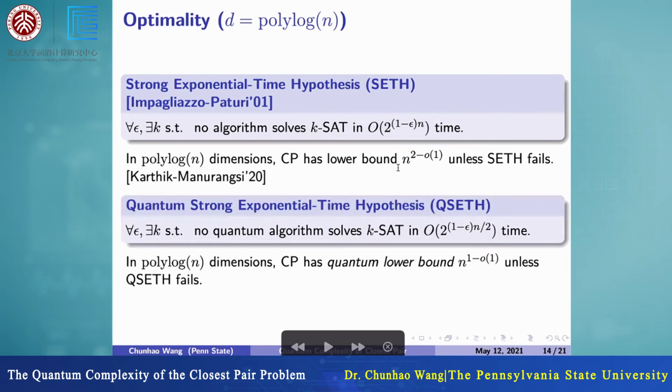Likewise, we propose a quantum SETH. The quantum SETH says that you cannot solve k-SAT faster than n to the n over 2. So the best you can hope for in solving k-SAT quantumly is using Grover, because this is the Grover speedup.